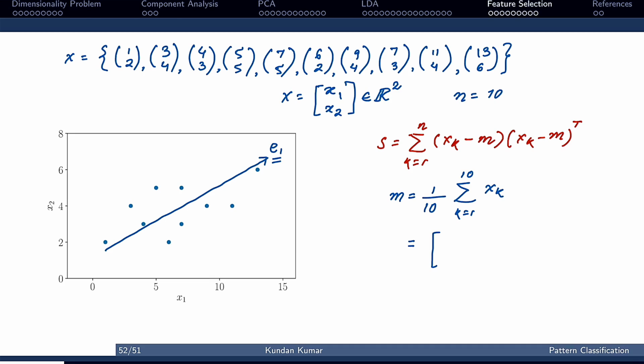We have to add all the first features and take the mean value. That means 1 plus 3 plus 4 plus 5 plus 7 plus 6 plus 9 plus 7 plus 11 plus 13 divided by 10. When you compute it, it will be 6.6. Similarly, we can compute the second component of the mean feature vector. It will be 3.8.